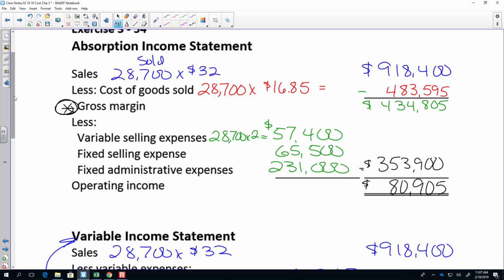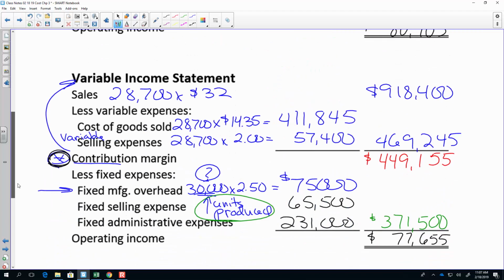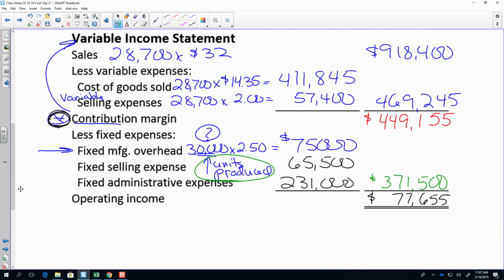Where's my fixed manufacturing overhead? Cost of goods sold. Very good, Jade. Excellent. Cost of goods sold. Where's my fixed manufacturing overhead on this variable statement? Right there. Do both statements have it? Yes, they both have it in, right? They both have it in.